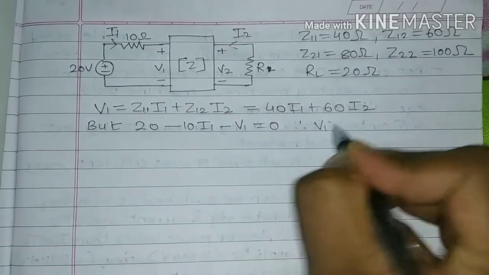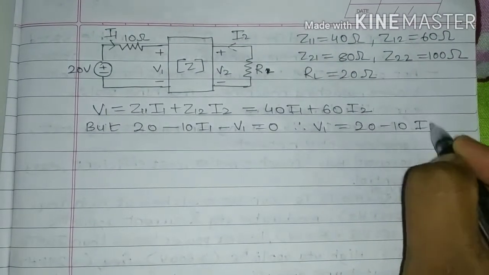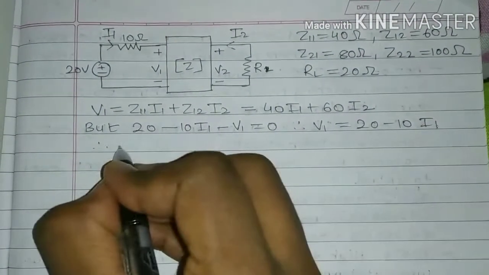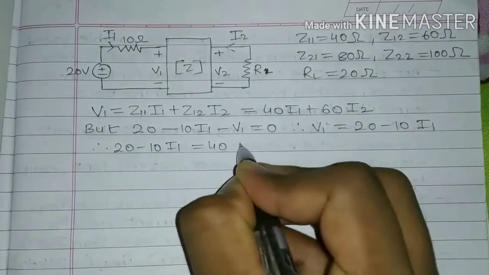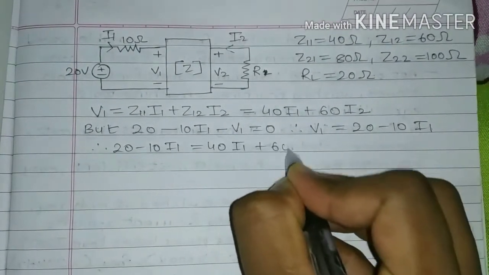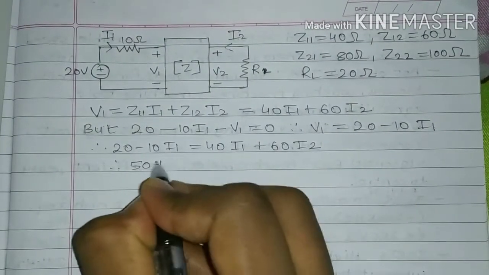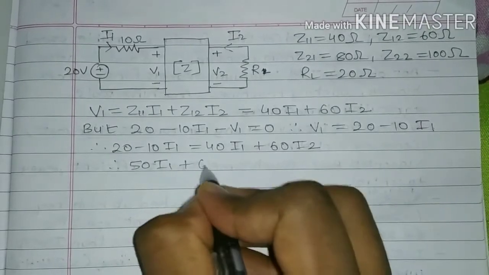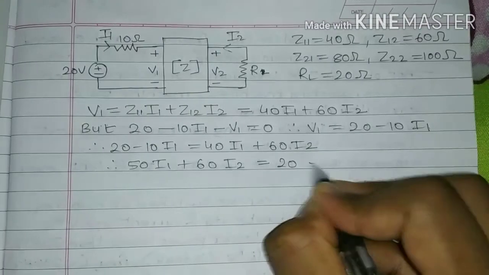Therefore V1 is equal to 20 minus 10 I1. Now putting this in the above equation, 20 minus 10 I1 is equal to 40 I1 plus 60 I2. Hence 50 I1 plus 60 I2 is equal to 20. Let's name this as equation number 1.